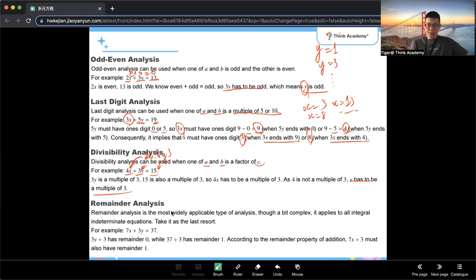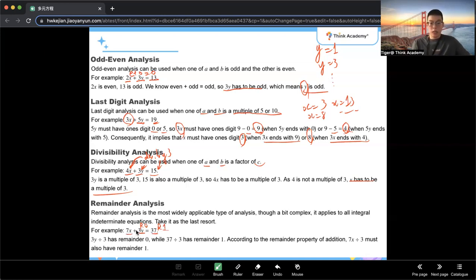The remainder analysis involves, for example, analyzing the divisibility of 3. Now we can see a 3y there, which is divisible by 3, so it has a remainder of 0. 37 has a remainder of 1. It means that 7x also needs to have a remainder of 1, right?